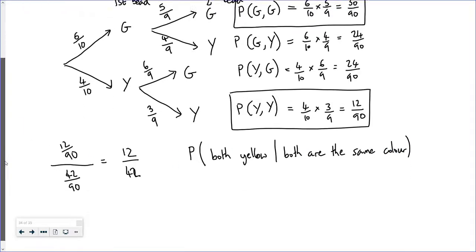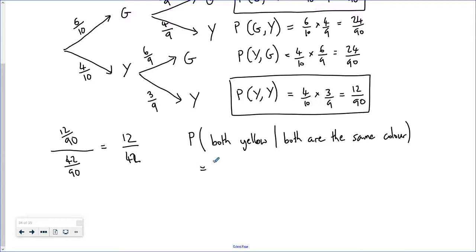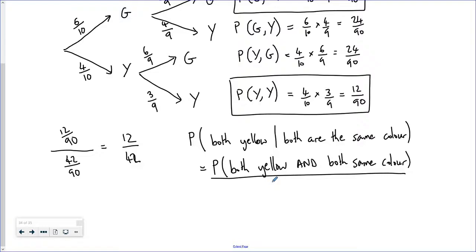So if we were to use our conditional probability formula, that would be the probability that this happens and this happens. So the probability that both are yellow and both are the same colour, divided by this event happening, the probability that both are the same colour.